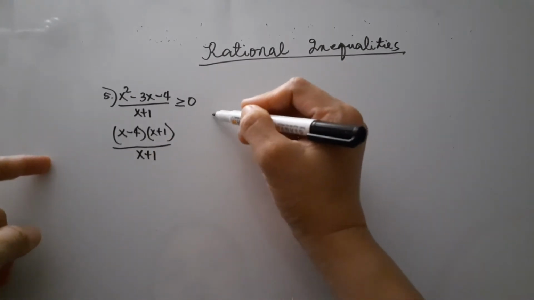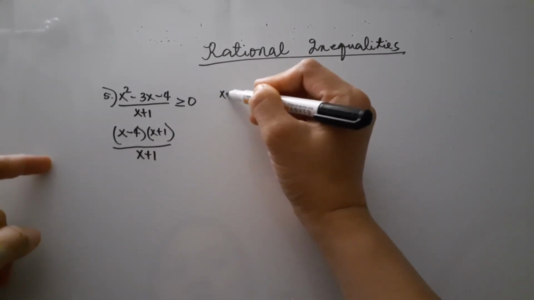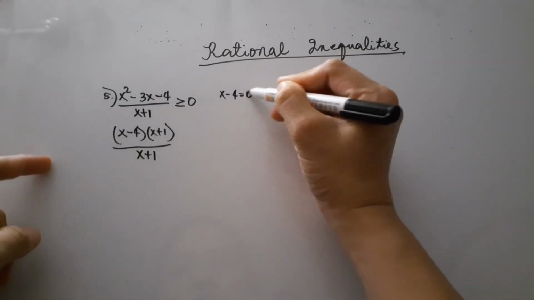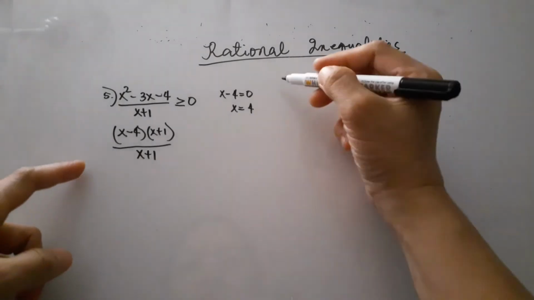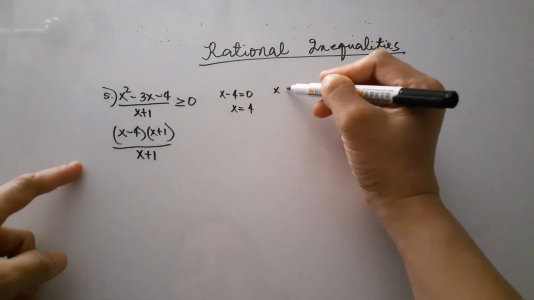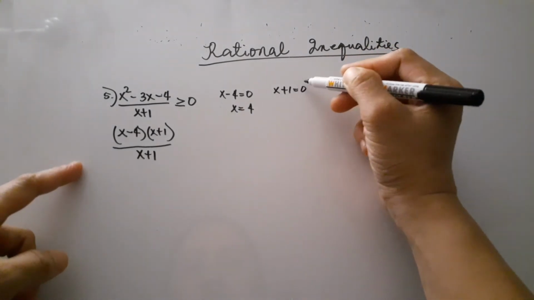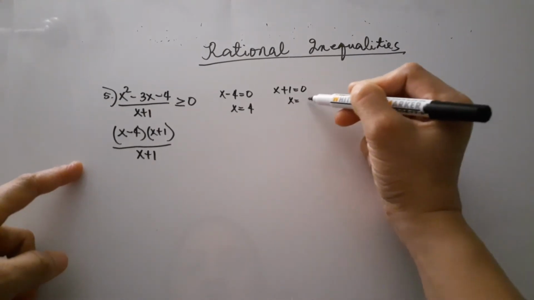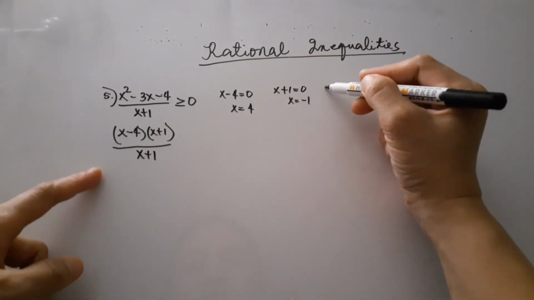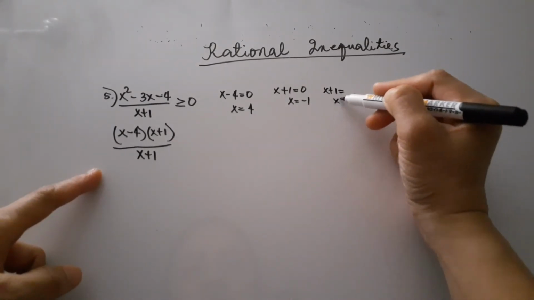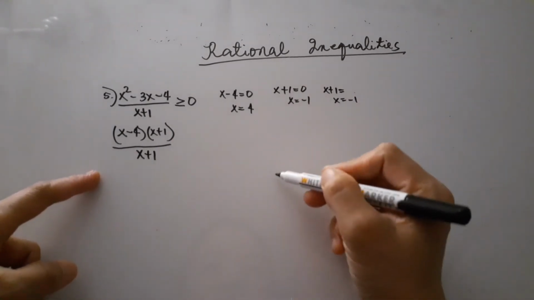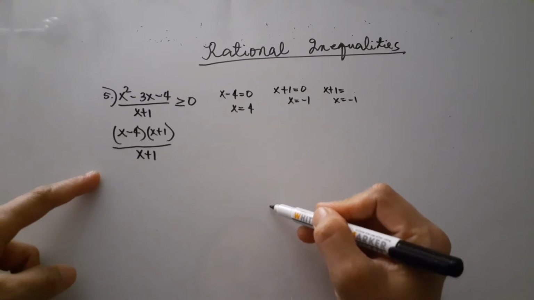And then we use the zero product property of multiplication. If x minus 4 is equal to 0, then x is positive 4. And if x plus 1 is equal to 0, then x is negative 1.